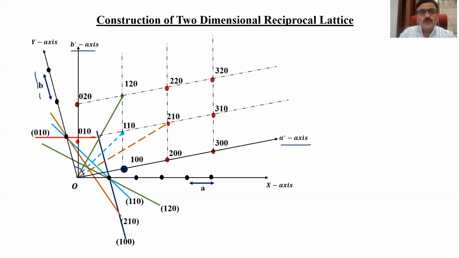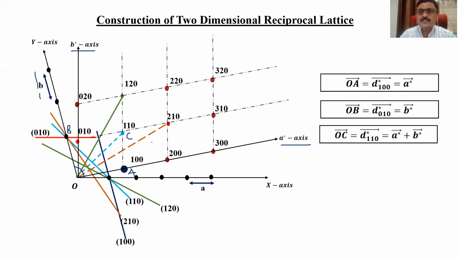And you will construct the two-dimensional reciprocal lattice in this simple way. Now, suppose I represent this point as A, this point as B, and this as C. So I can represent these reciprocal lattice vectors like this.